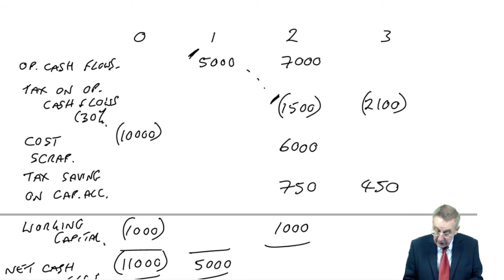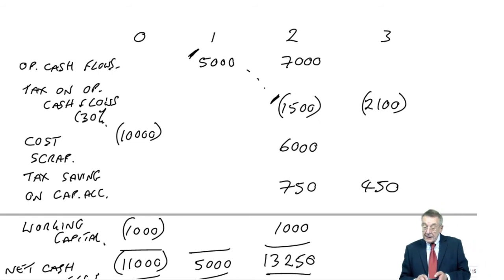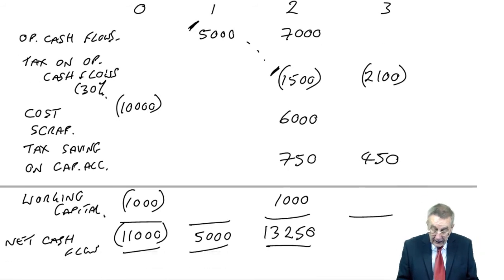I think a net inflow of 13,250. And finally at time 3, a net outflow of 1650.